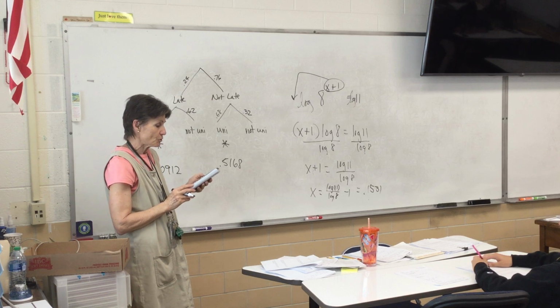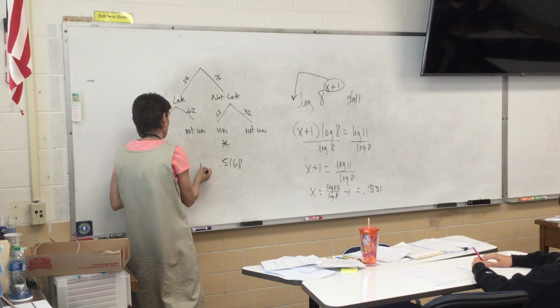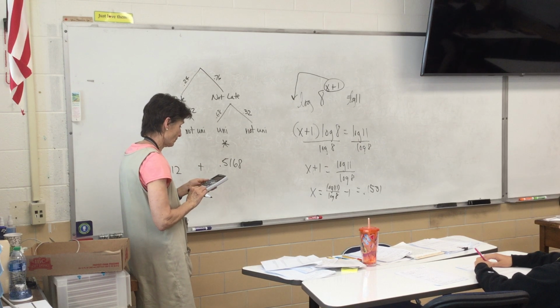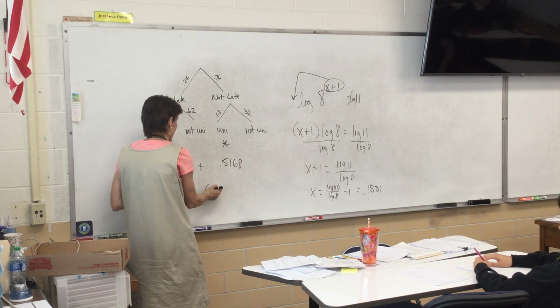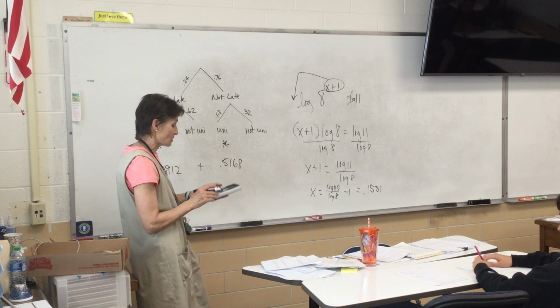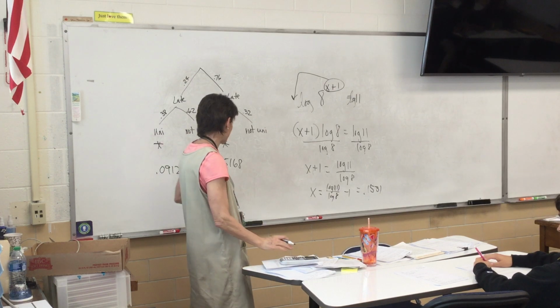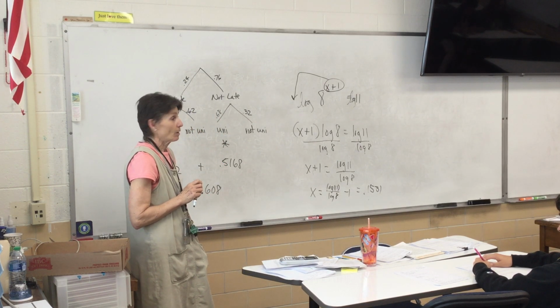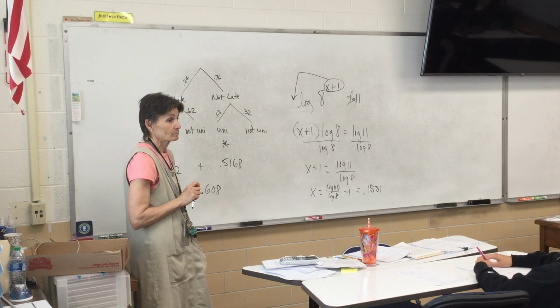What do I do with those two numbers? Add them. So plus 0.0912. And the answer is 0.608. So it's fine to say 0.608. If you want to give a percentage, that would be 60.8% are in uniform.